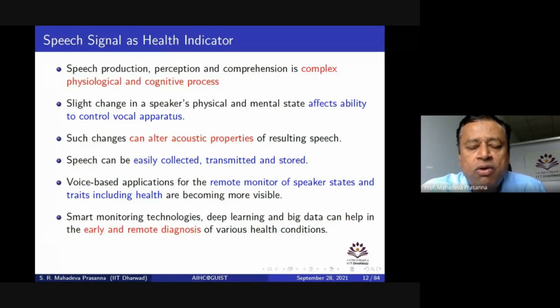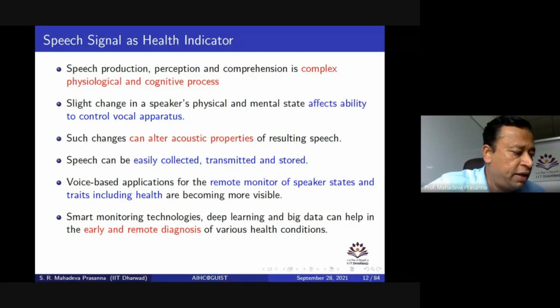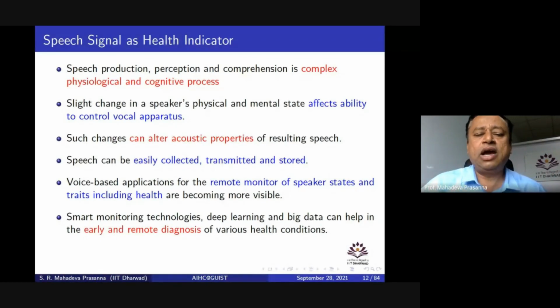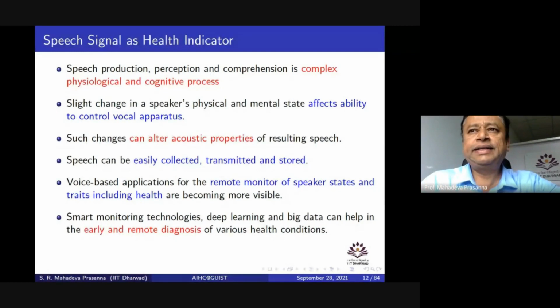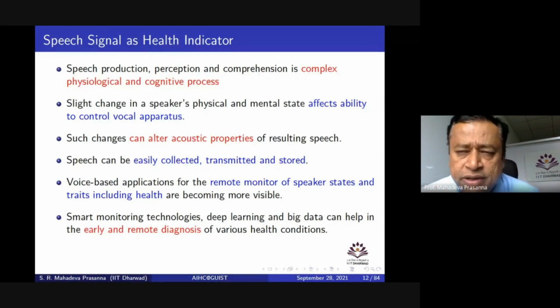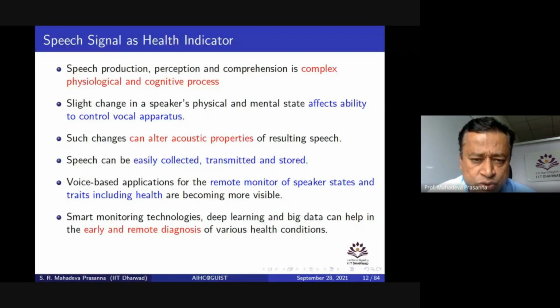So now I mentioned in the previous slide that the speech signal carries several health parameters or health indicators. Let us see how that works. Generally, in speech technology development we focus mostly on extracting features which can model the vocal tract system information or the excitation source.